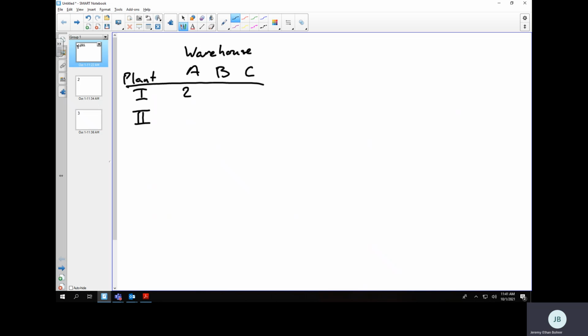We've got $20 from Plant 1 to A, $8 from Plant 1 to B, and $10 from Plant 1 to C, and $12 from Plant 2 to A, $22 from Plant 2 to B, and $18 from Plant 2 to C.